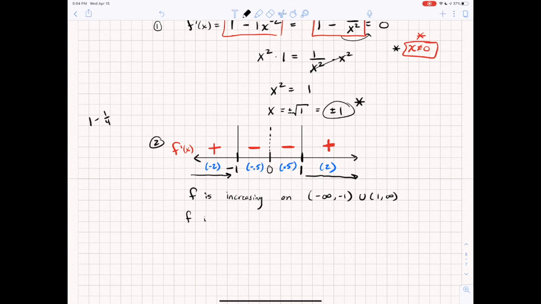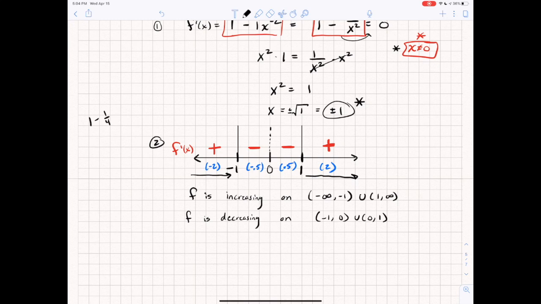I know that f is decreasing on the interval from negative 1 to 0 and from 0 to 1. I do not represent that as one big interval because it's undefined there in the middle. All right, so this would be my final answer here for this last example in the final part.